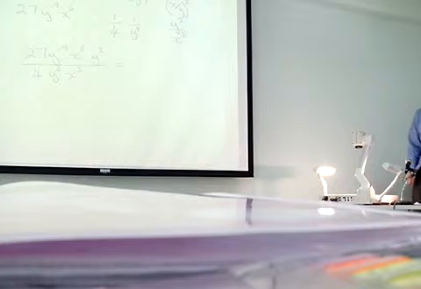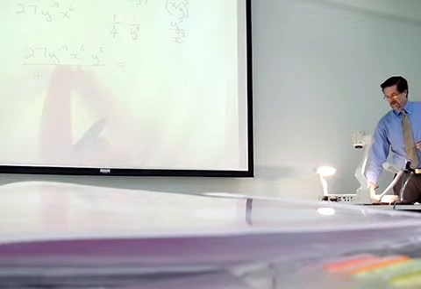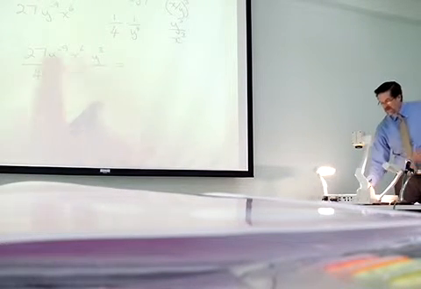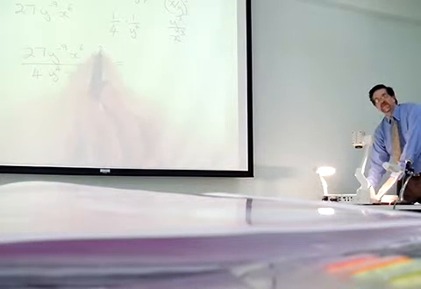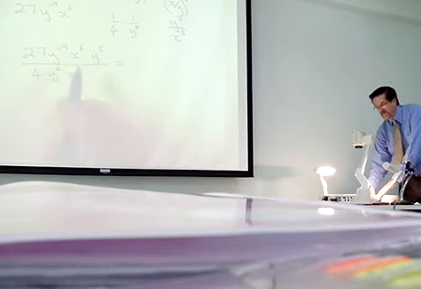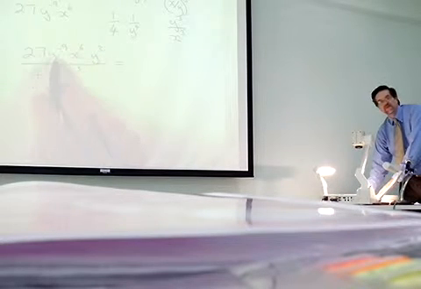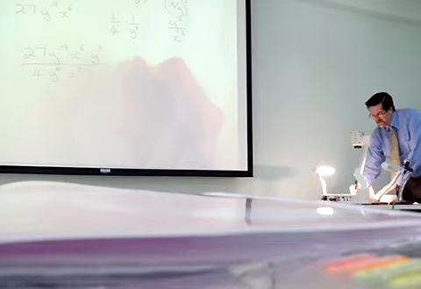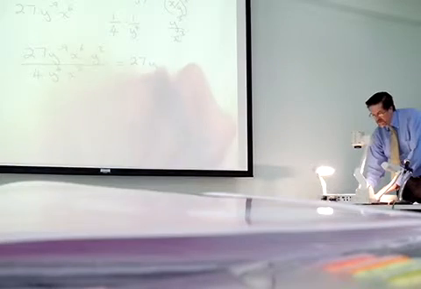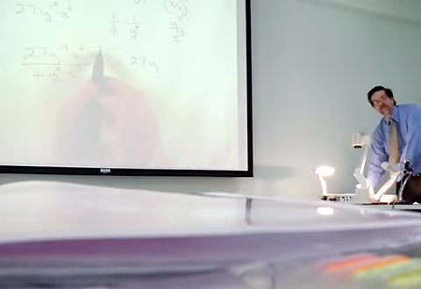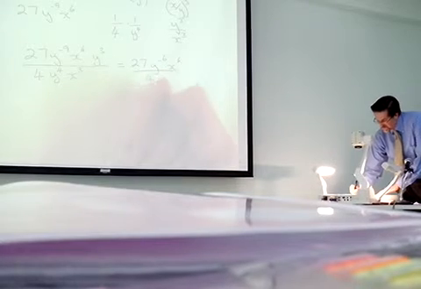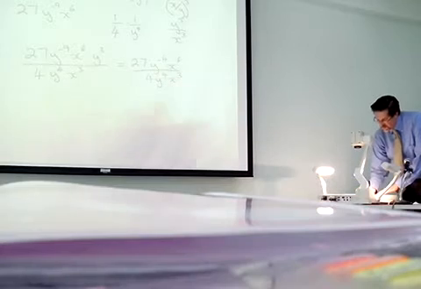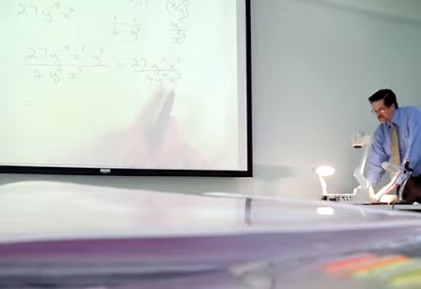Well, so what else can we do to simplify? What about y to the negative 9 times y to the exponent 3? Well, what would that be? Negative 9 plus 3 is negative 6, y to the negative 6. Alright, so what else?